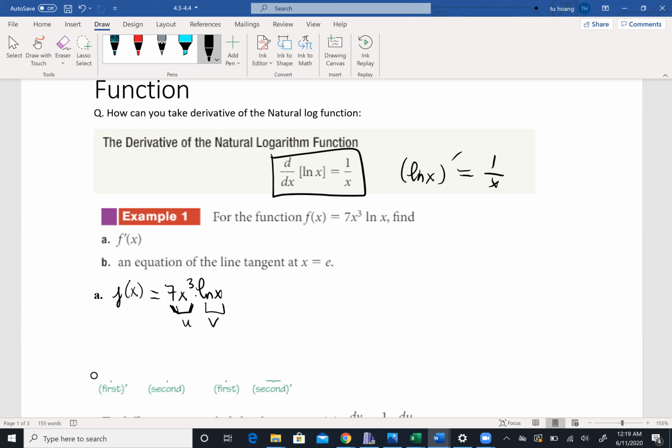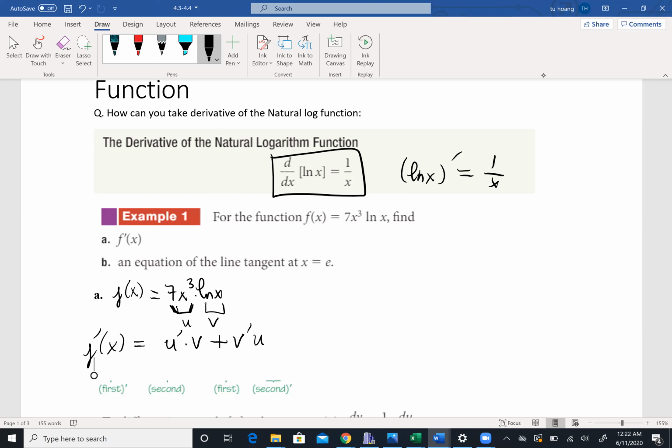So I will have u times v, and I will apply the product rule here to get f prime of x equal to u prime times v plus v prime times u.